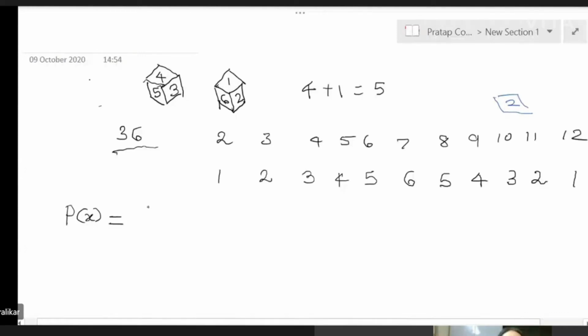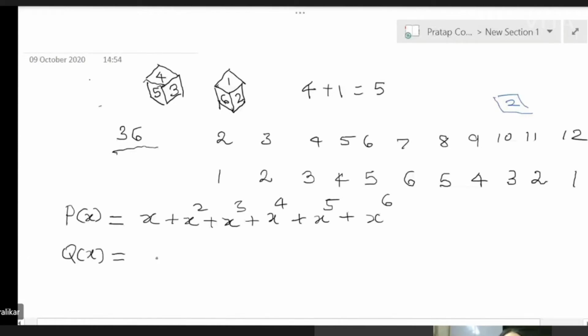Now consider these polynomials: x plus x squared plus x cubed plus x to the 4 plus x to the 5 plus x to the 6. And then another polynomial that is still the same. I am not going to write a different polynomial now, but later on we will. So P(x) gives me the numbers on the first die. Q(x) gives me the numbers on the second die.